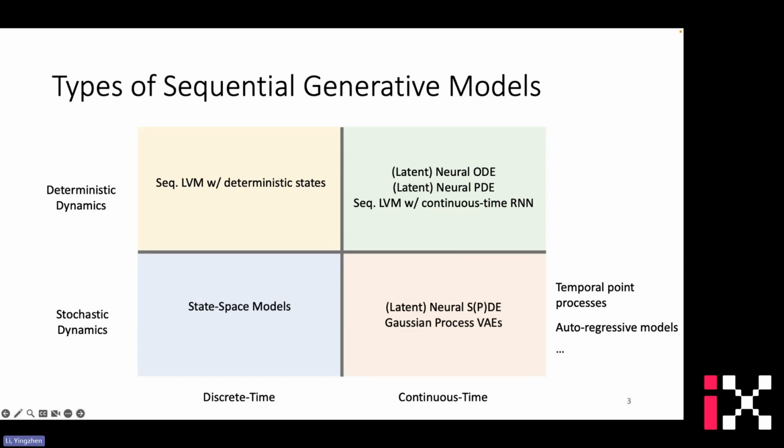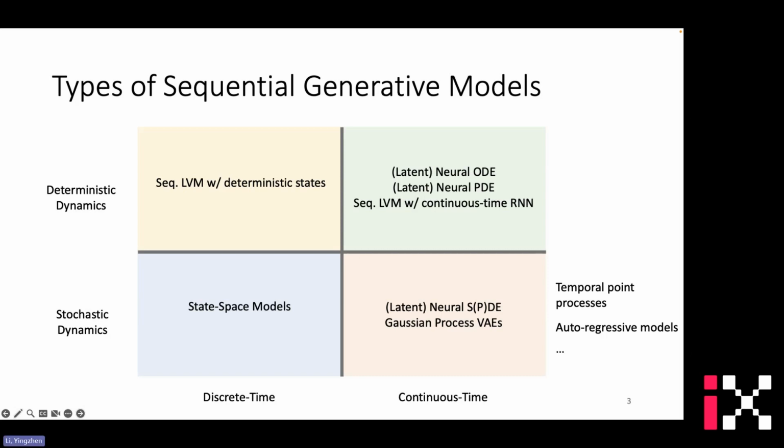Discrete time is usually what people do with recurrent neural networks. Because you use recurrent neural networks, which are a discrete time iteration, your underlying assumption for the model is also discrete time. And definitely within discrete time, you can also ask whether the underlying dynamics is deterministic or stochastic.